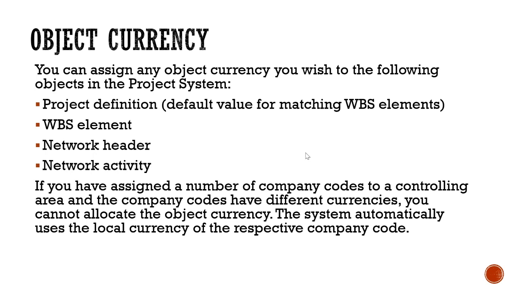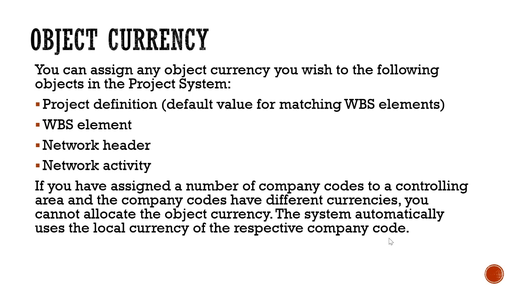If you have assigned a number of company codes to a controlling area, and the company codes have different currencies, you cannot allocate the object currency. The system automatically uses the local currency of the respective company code. Okay, so here what I defined is, for a single controlling area, you are assigning multiple company codes.